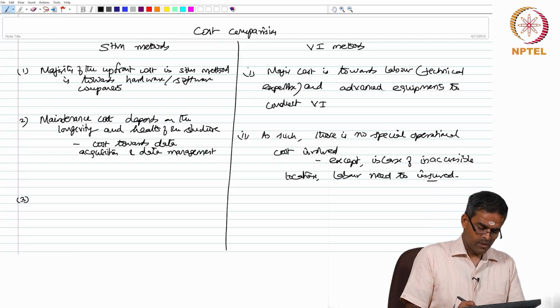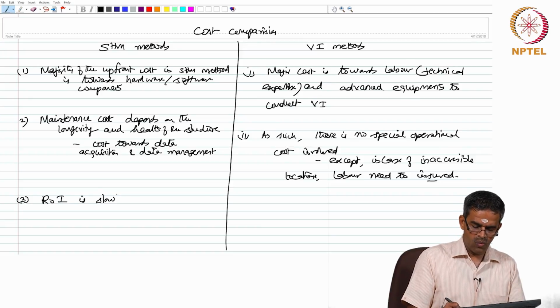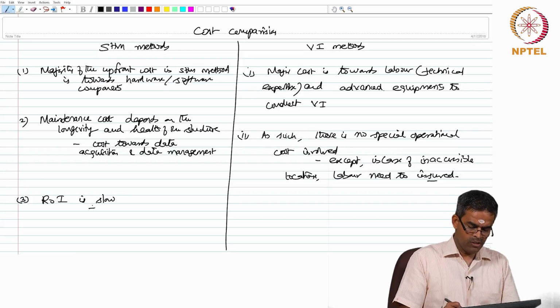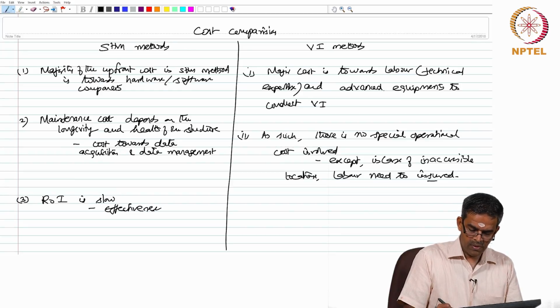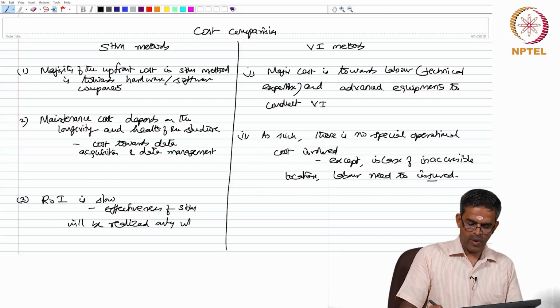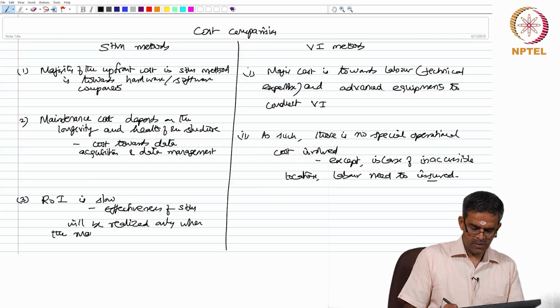The third point could be the return on investment is slow in case of SHM. This is due to the fact that the effectiveness of SHM will be realized only when the maintenance cost goes down in comparison to rebuilding cost.